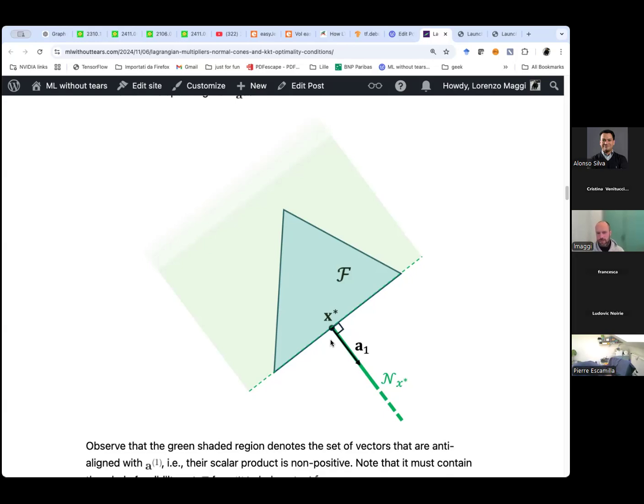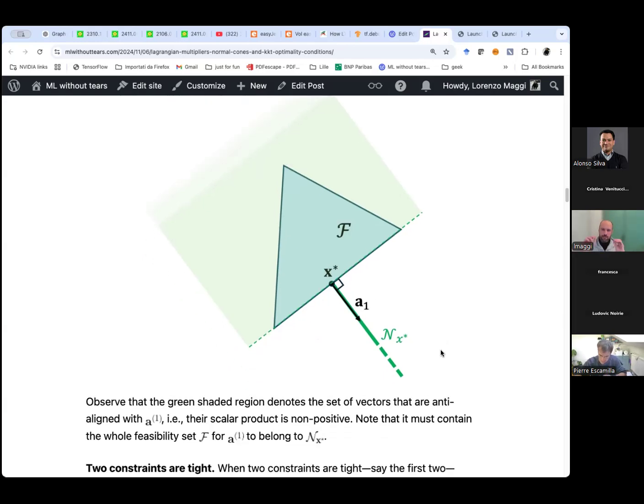So no, this is not possible. Same thing on the other side. So the normal cone is just this line here, this half line. It means that, for X star to be optimal, the gradient has to be aligned with A1. That's it.